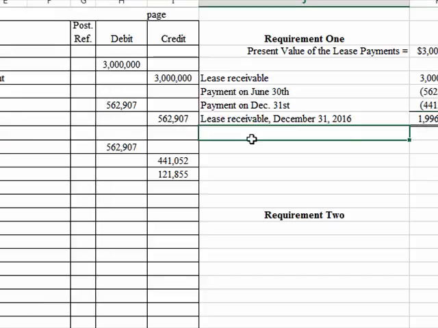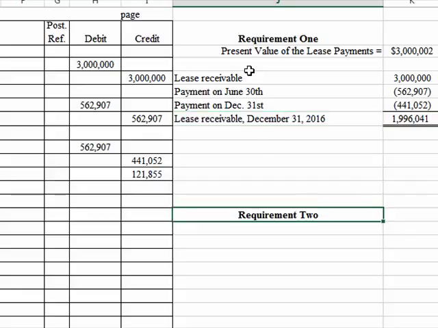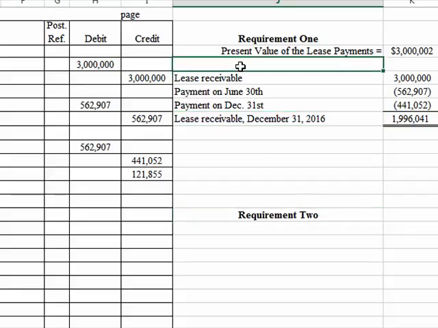And that's the balance in lease receivable associated with this lease on December 31, 2016. That's what would show up on the balance sheet, and of course, that's in the asset section.